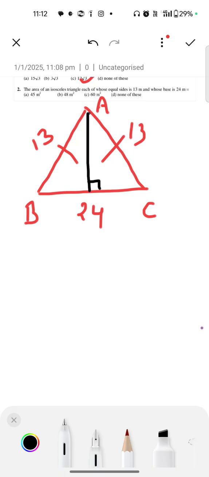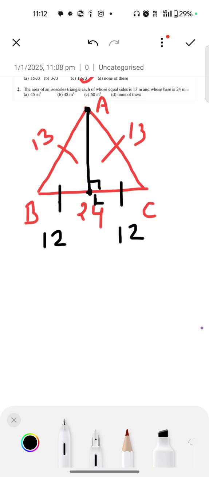What is a median? A median is a line segment joining a vertex, point A, to the midpoint of the opposite side. If I assume A as a vertex, the opposite side of this vertex will be side BC, and its midpoint, suppose it is L. So when we join AL, it will be the median and of course the altitude also. In this case, BL equals CL. Now, since BC is 24, BL will be 12, and CL will also be 12.